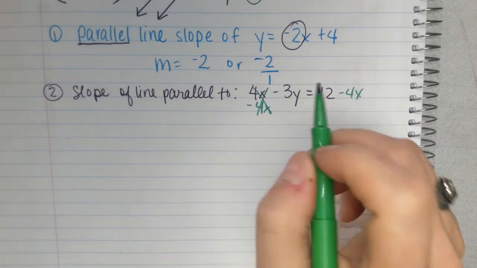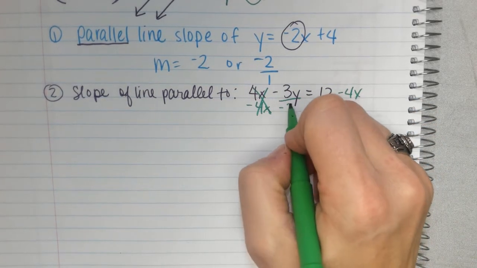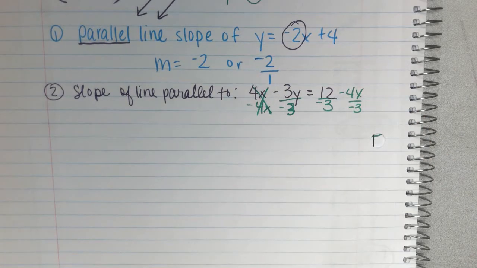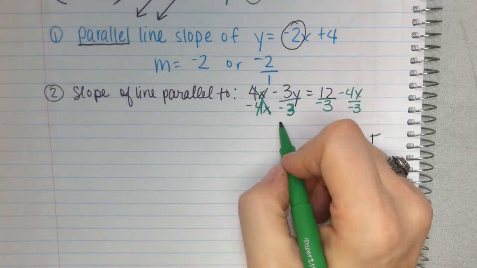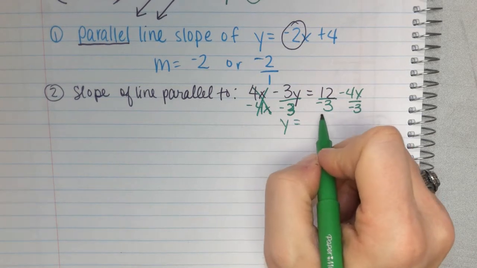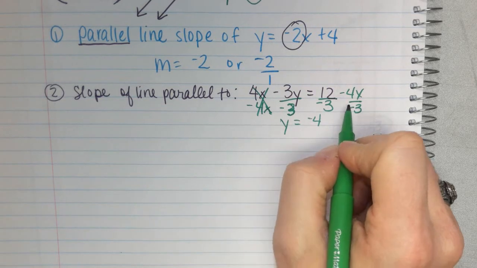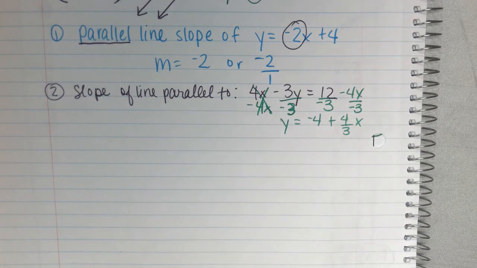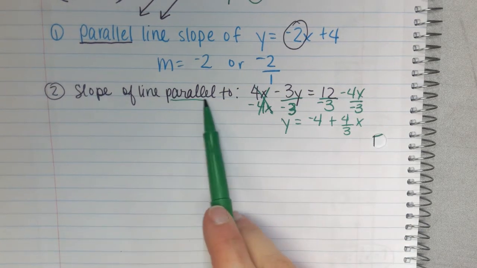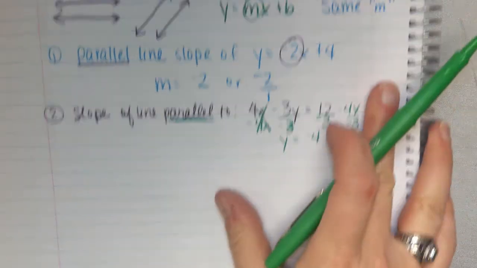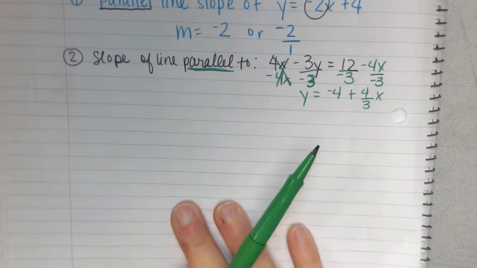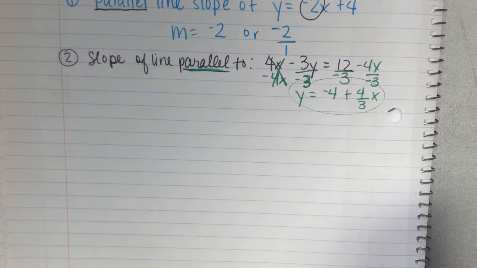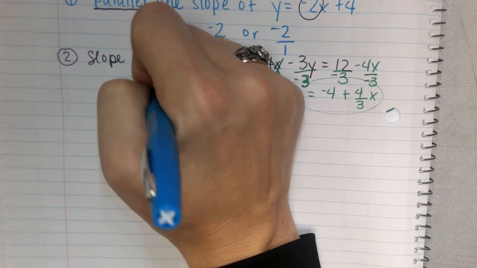That cancels that out. And we're going to divide by negative 3 on everything. When we do that, we get y equals 12 divided by negative 3, negative 4, plus 4 over 3x. Okay, so what is the slope of a line parallel? Parallel means the same slope to this equation, this line. It's the same thing. It's 4 over 3.